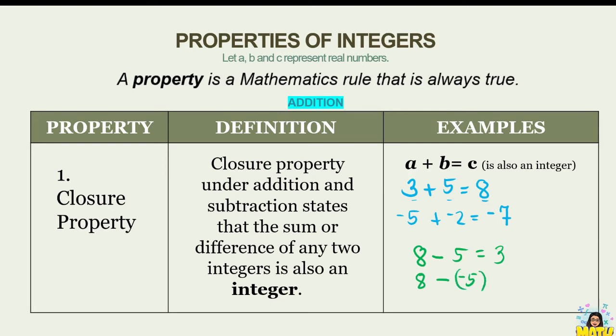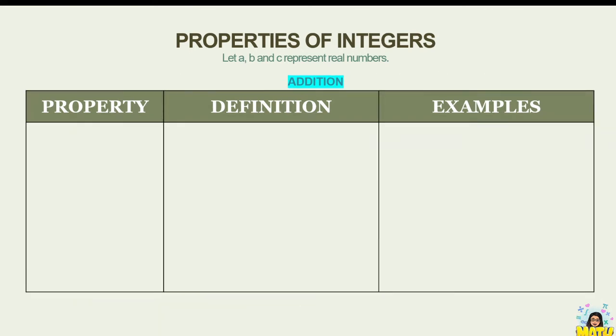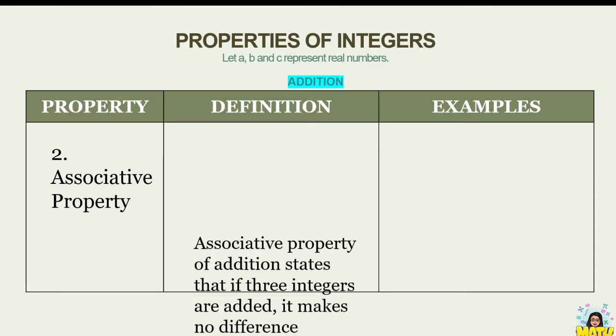So here in subtraction, we follow the keep the minuend, change the operation, and change the sign of the subtrahend. So this will be positive 5. So 8 plus 5, that is 13. Again, when we say closure property, even if you add or you subtract integers, the answer will remain to be an integer.